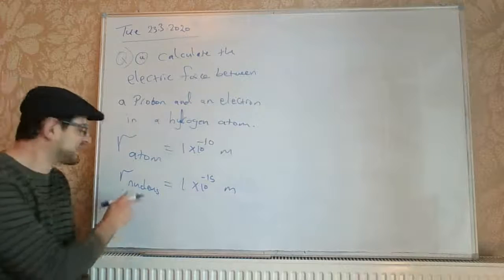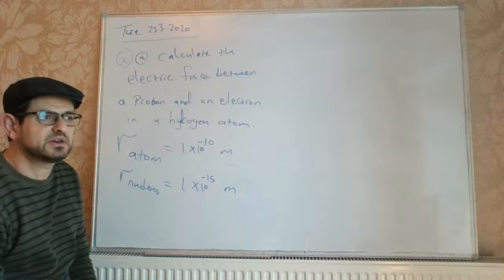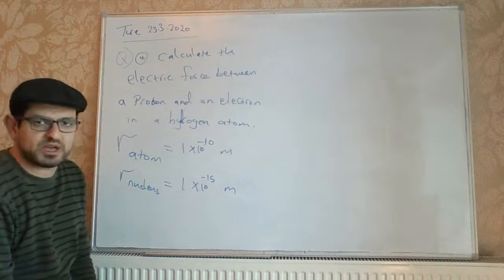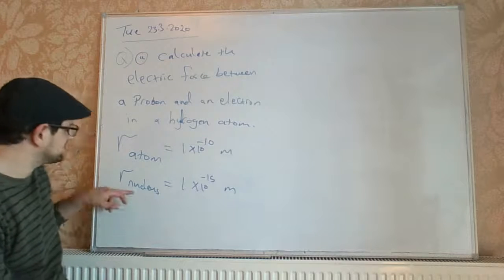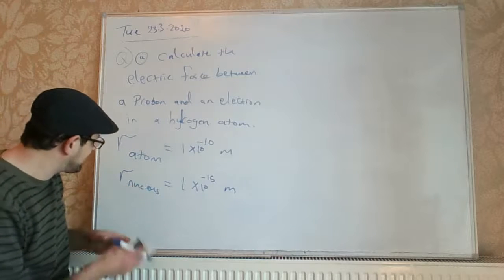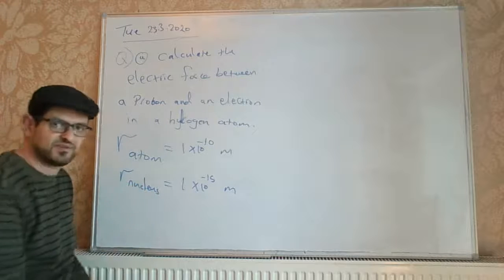The radius of the nucleus is the radius of the proton, because the nucleus has only one proton. So this is the radius of the proton.